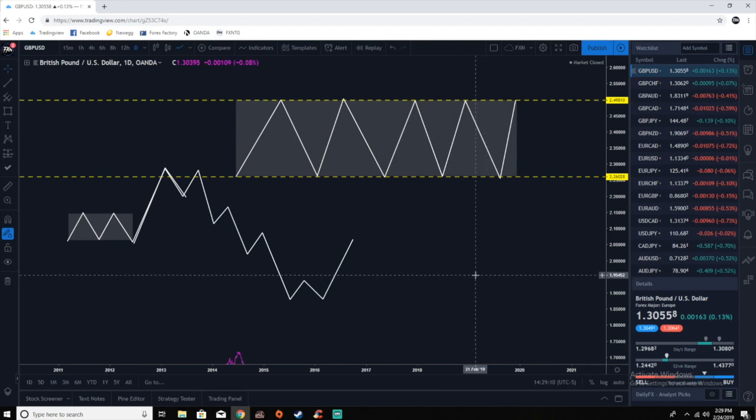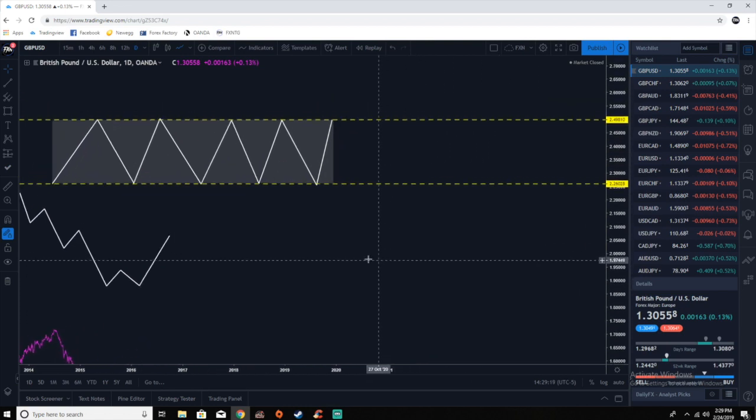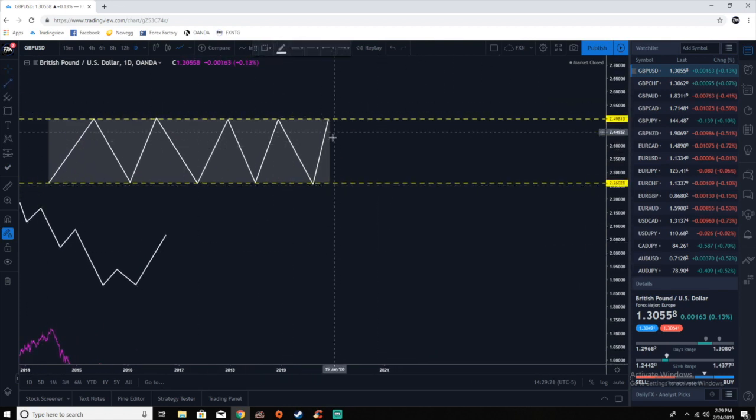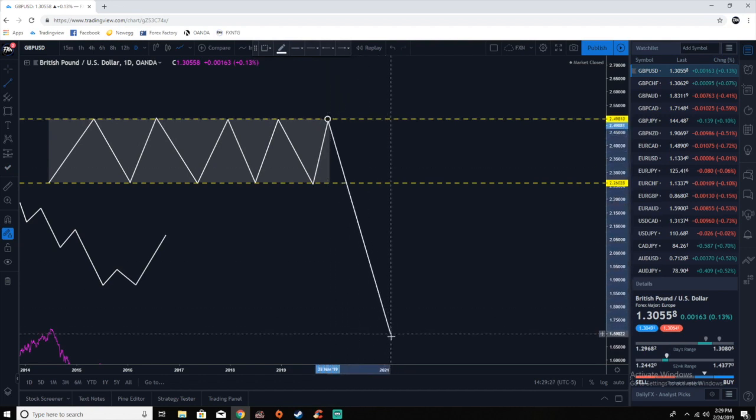How do you determine when the level is broken and a new level is created? That's going to be the major difference here. After the level is done, they have enough contracts and they want to move to the next level. Obviously you're going to see a point where it breaks that level. That structure is broken.